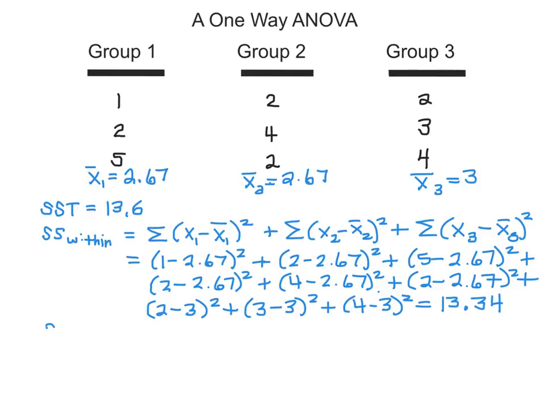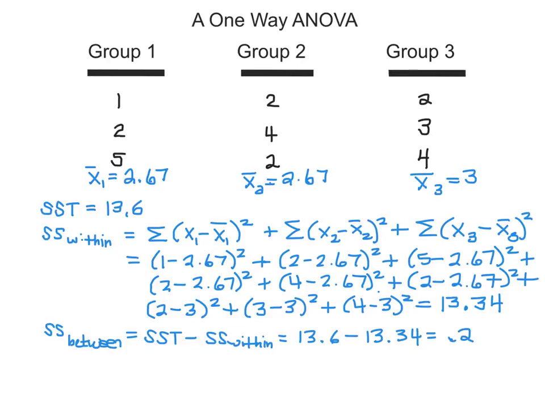Now we want to find the sum of the squares between. And to do that, we take the total sum of squares and we subtract from that the sum of the squares within, which is 13.6 minus 13.34, which gives us 0.23 for the sum of the squares between.